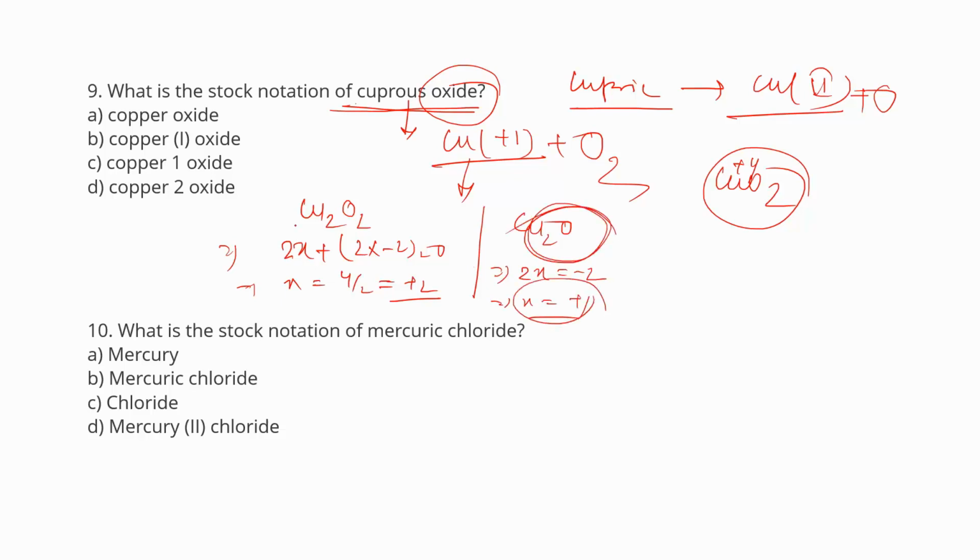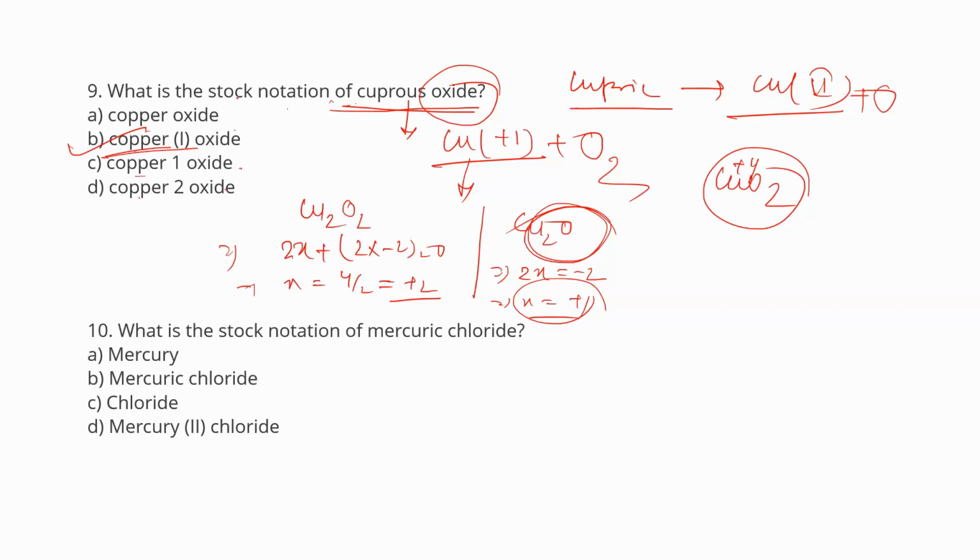Okay, Cu2O. So the option will be the copper +1 oxidation state. But there is also confusing options: copper(II) oxide, copper(I) oxide, copper oxide. What is the Stock notation?